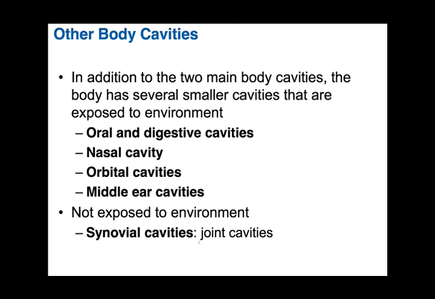They are the oral or digestive cavities, the nasal cavities, the orbital cavities, and the middle ear cavities. Some cavities which are not exposed to the environment are the synovial cavities, which we will discuss in your system. Synovial fluid is present in them and protects the joints. The synovial cavities are present between the synovial joints.